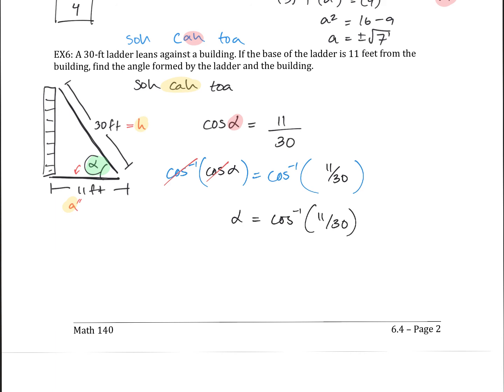Plugging that into our calculator, alpha is approximately 1.195, and this answer is in radians. If you got your answer in degrees, alpha would be approximately 68.49 degrees. It doesn't say whether to answer in radians or degrees, so that would be up to you unless I state otherwise.